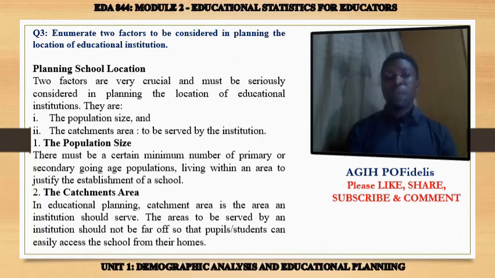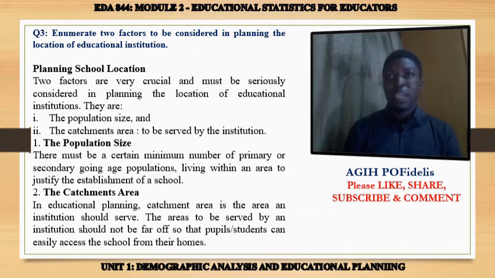In educational planning, catchment area is the area an institution should serve. The area that an institution should serve is referred to as the catchment area. So the areas to be served by an institution should not be far off, so that pupils or students can easily access the school from their homes.